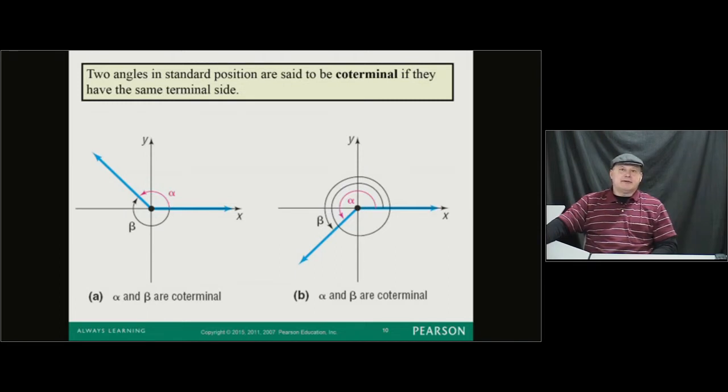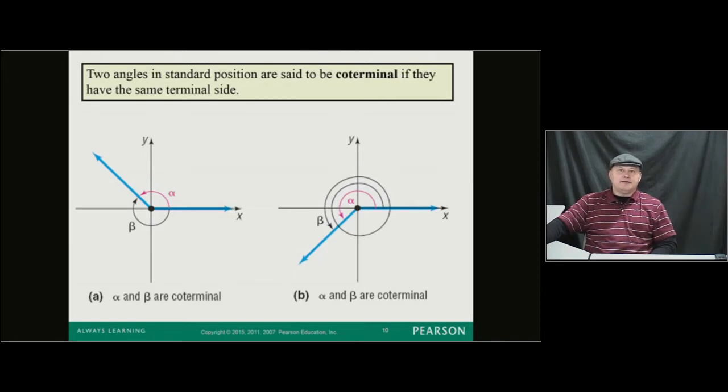So they give you a couple examples here. In this case, alpha and beta are coterminal on both of these. If the red angle alpha is going clockwise and beta is counterclockwise, they end up in the same blue ray in the second quadrant. They're definitely not equal, but they are coterminal. Same thing with the next one.